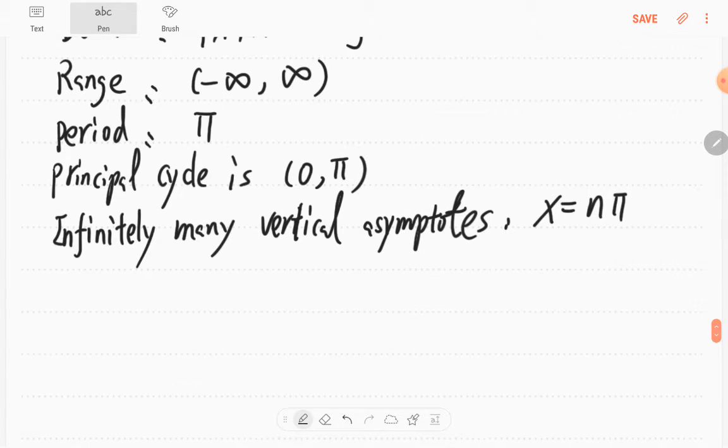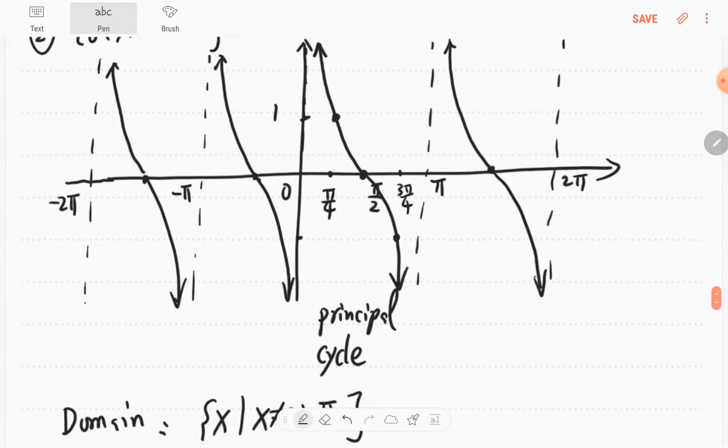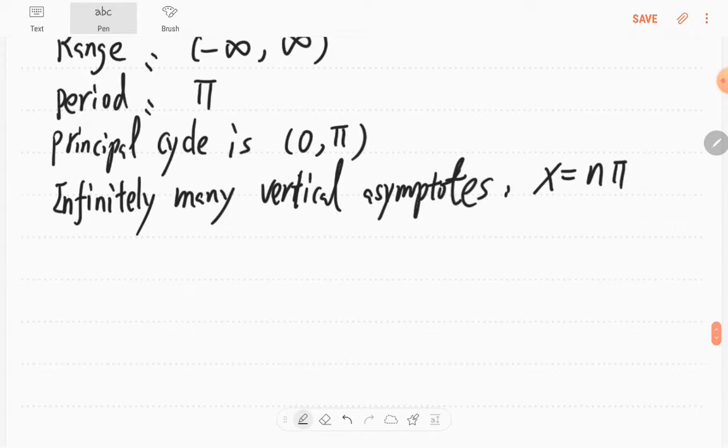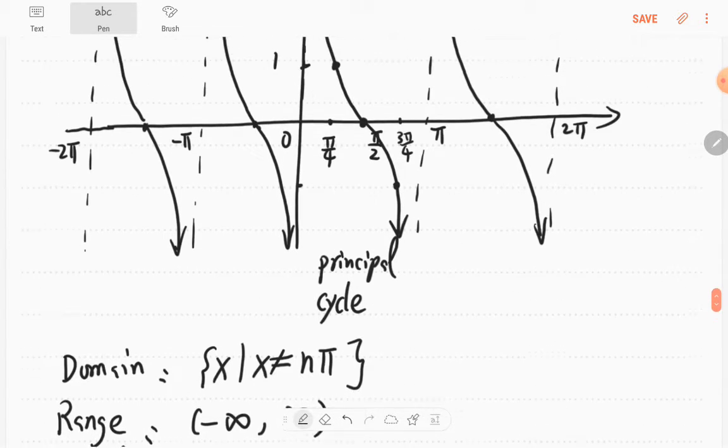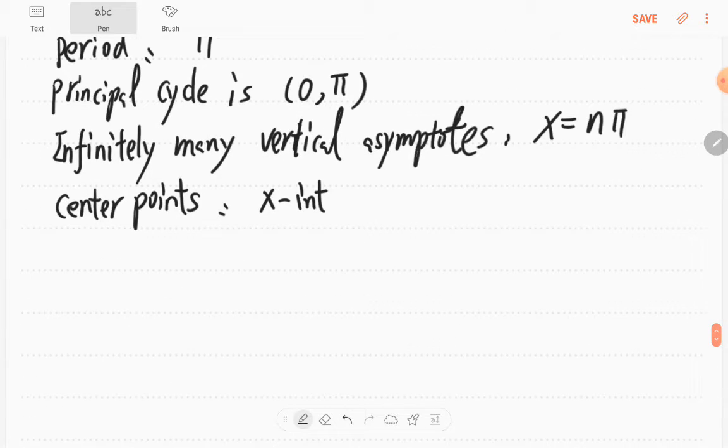And we have center points on each cycle, which are the x-intercepts. Right? We only have one, or we have no y-intercept.